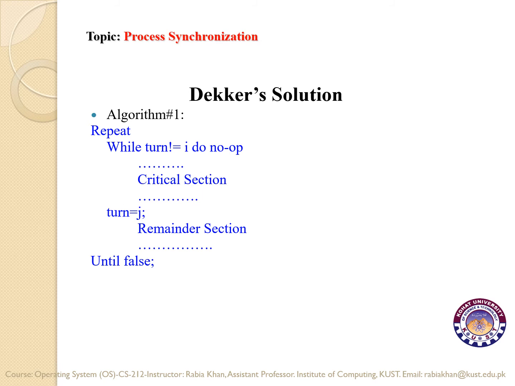Dekker proposed solutions for the critical section problem, and it is a two-process solution. In his first algorithm, the use of turn can be seen.